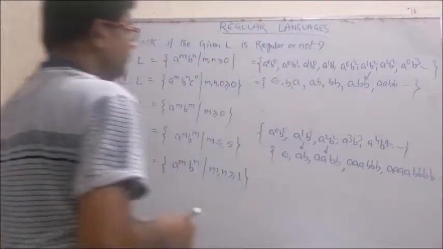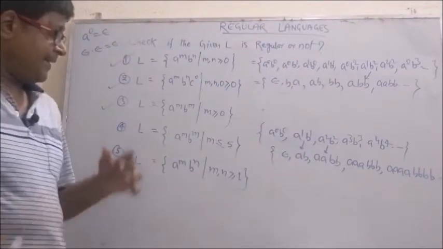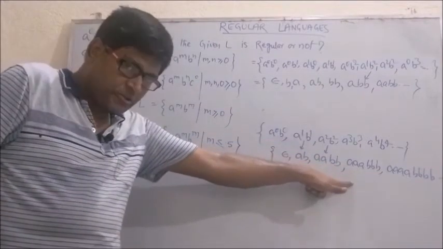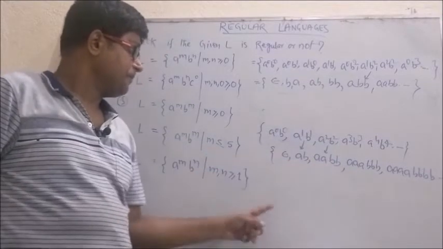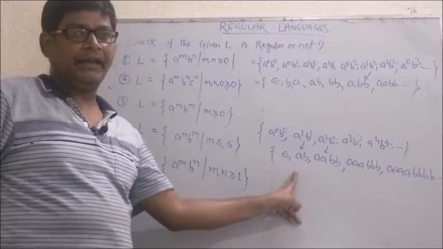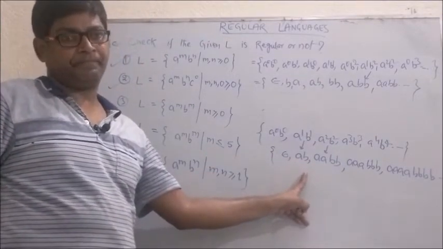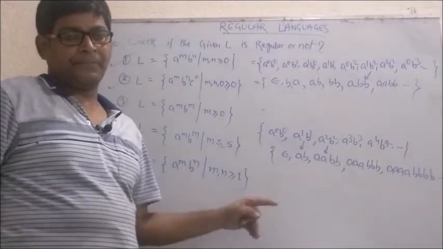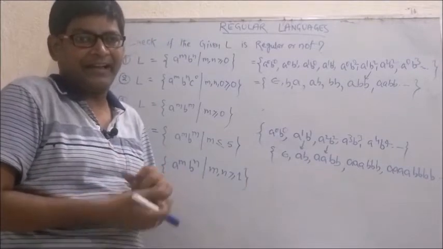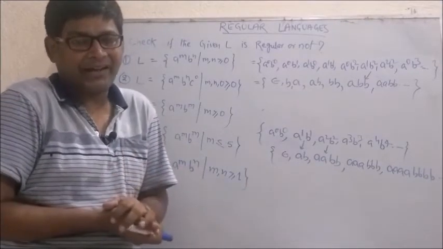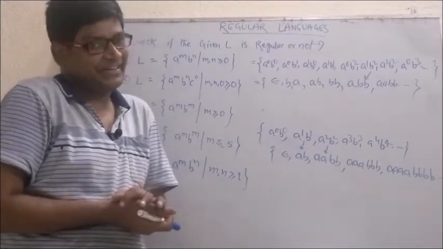Now see, this language shows, although this is an infinite language, equal number of A and equal number of B, right? But in my previous lecture I have already told you that finite automata is not having temporary storage.